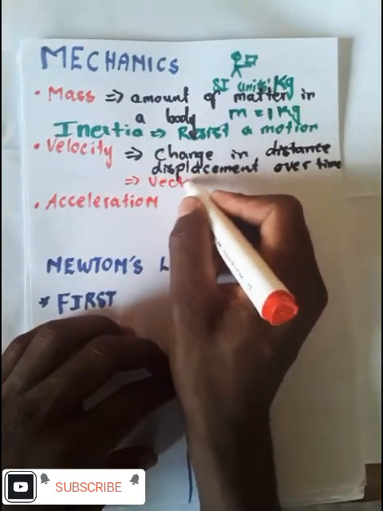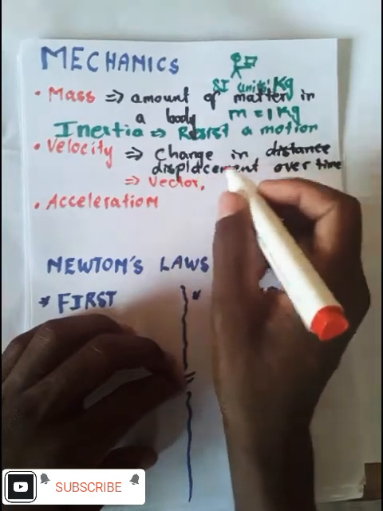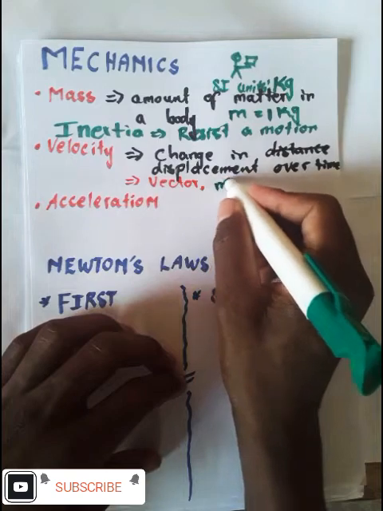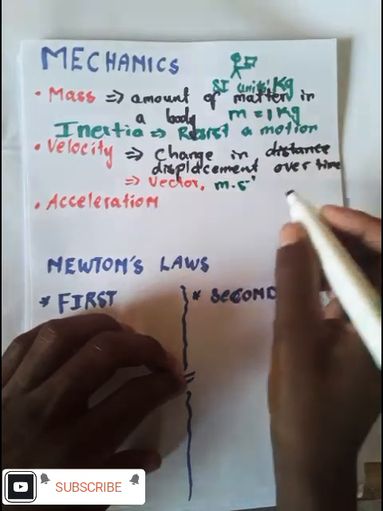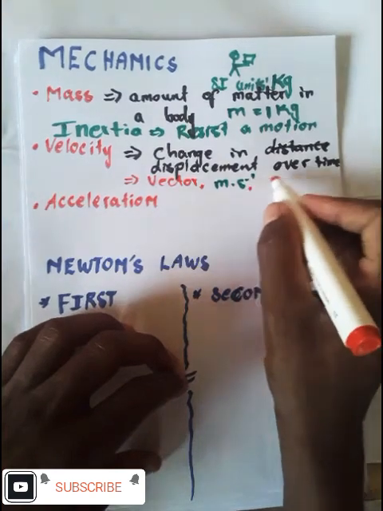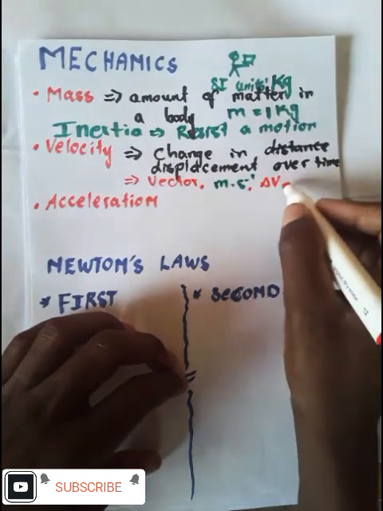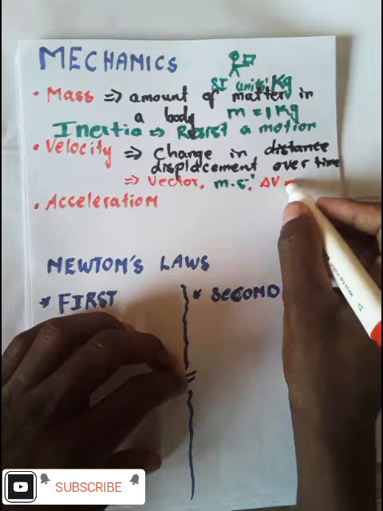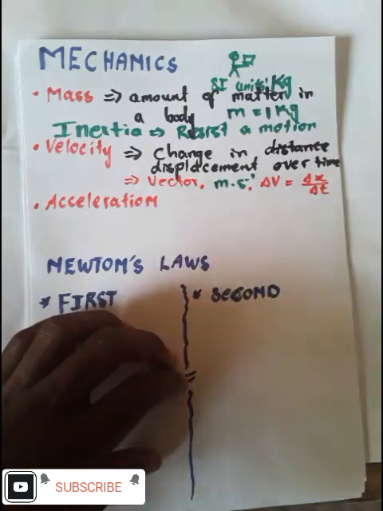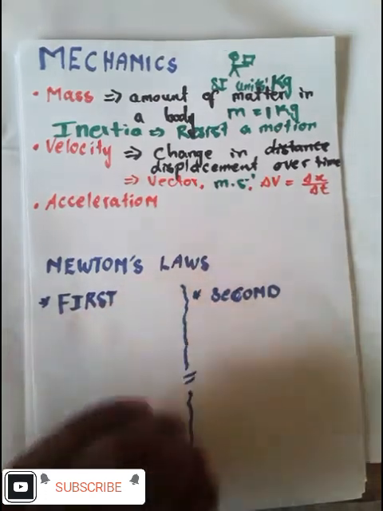It has SI units of meter per second. It's calculated as the average velocity, the change in displacement over the change in time. This is the formula that we are going to use.